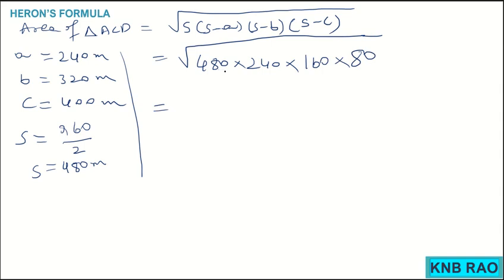Now this 480 into 240, we will first write 480 as 10 into 48, 48 is 4 into 4 into 3. So 4 into 4 into 3.